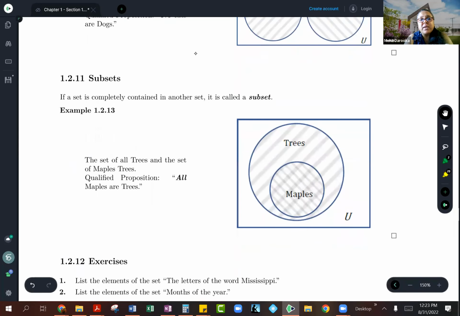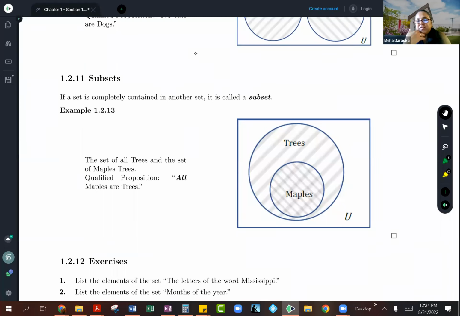And then when we were talking about all elements from one set being contained in the other set, you're talking about a subset. So if you have a set of maple trees, and a set of all types of trees, well, obviously maple is a type of tree. So that would be a subset of the bigger set, which would be the types of trees. Maybe the universal set could be all kinds of flora, so plants, trees, shrubs, grass.